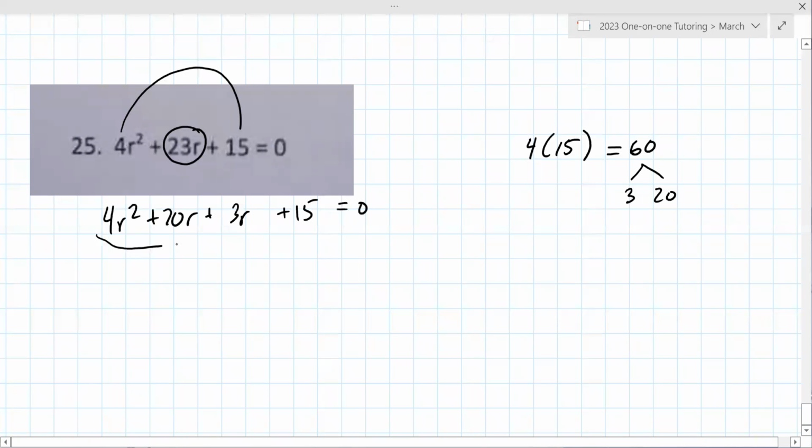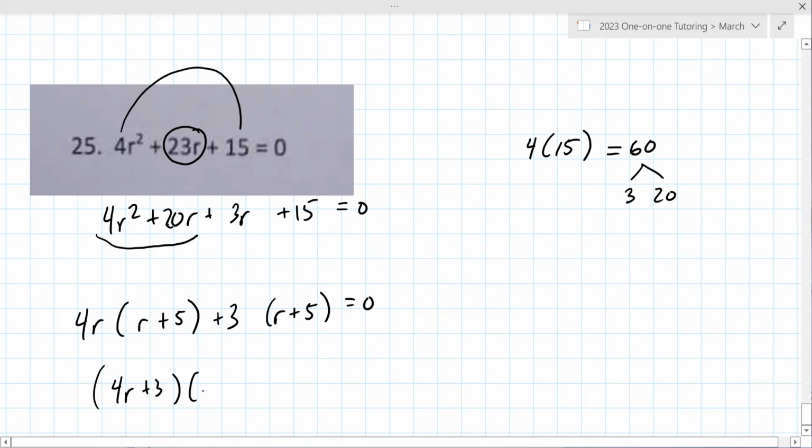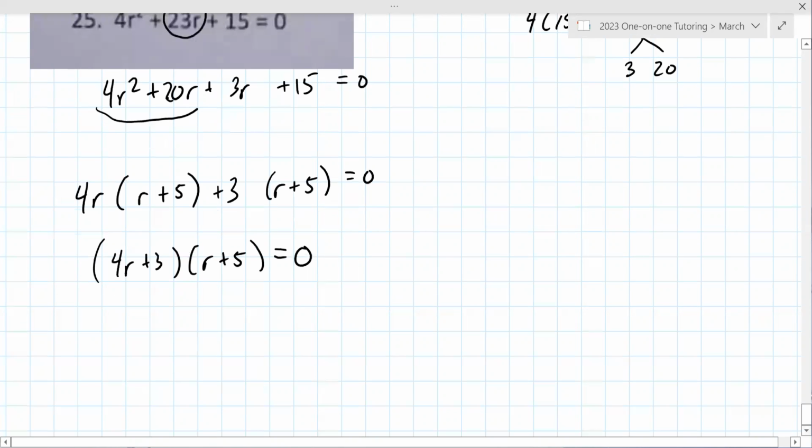And then you find your GCF between 4r squared and 20r, which is 4r, times r plus 5. And then in the other group, r plus 5 again, and in the space in between, it's plus 3. So 4r plus 3, r plus 5 equals 0. And then you set them each both equal to 0.